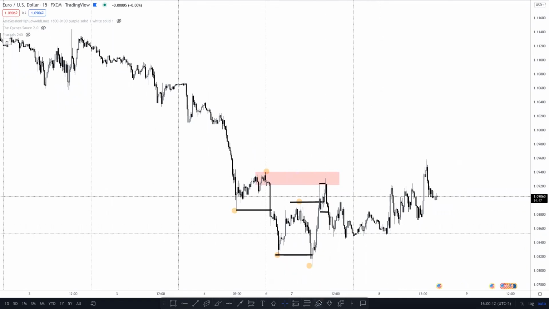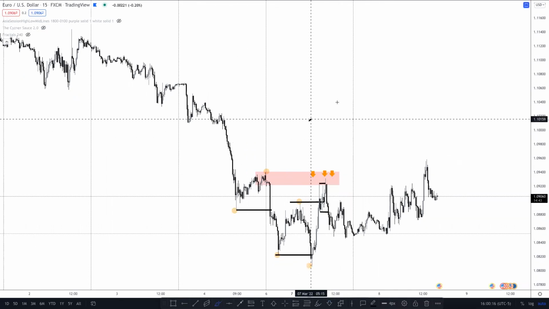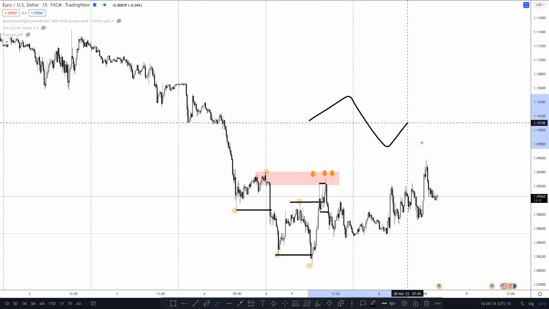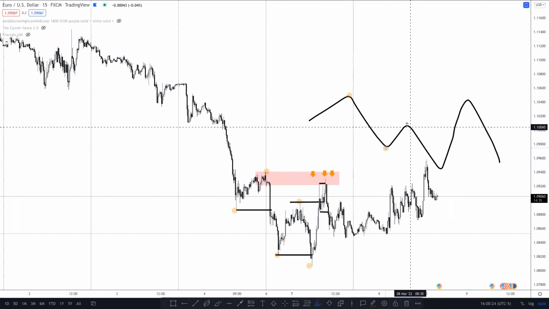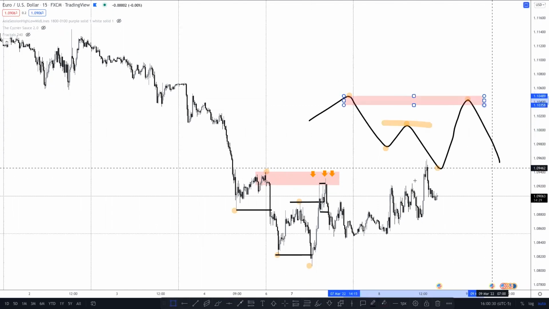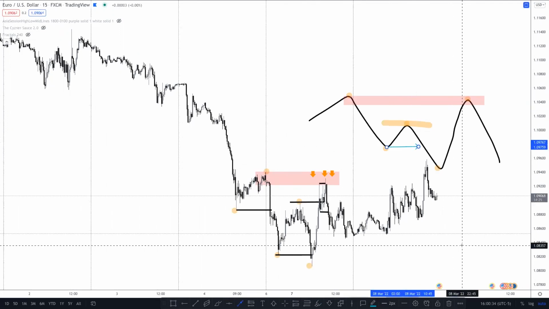A lot of people are seeing how we could have sold the market from here, basing it off of this criteria, where we are making lower lows, lower highs. Here's that inducement, and we come and we mitigate this extreme right here after we have this pattern.